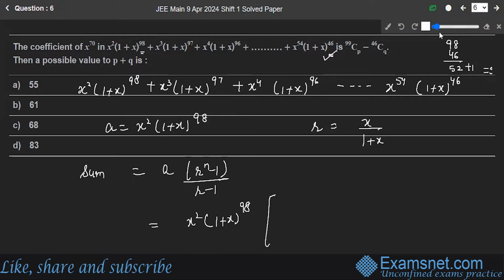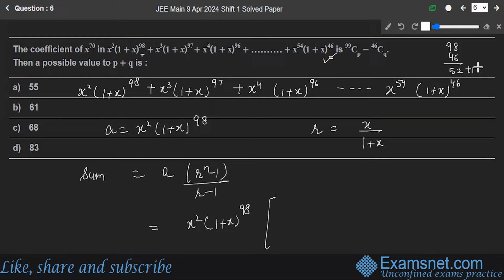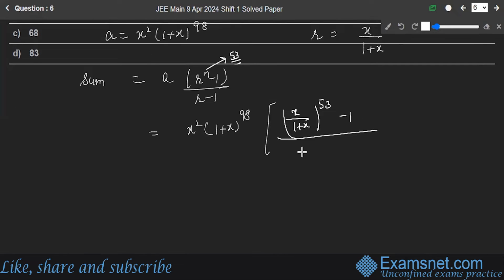So this is 53 terms. That means your n is 53 in this case, r is this. So x upon this raised to power 53 minus 1, upon x upon this minus 1.